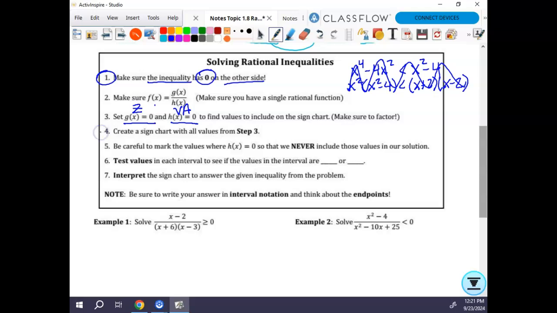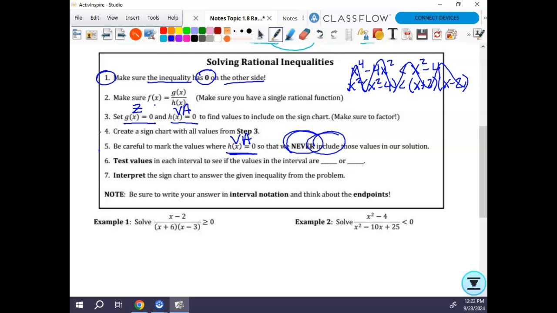Then I create a sign chart, which we've been doing. Be careful to mark the values where h of x equals 0, your vertical asymptotes, that we will never include those in our solution. Because you can't cross a vertical asymptote. You can cross a horizontal one, but not a vertical one. So it has to be an open circle all the time, which means it'll always be parentheses because you're not going to ever hit that asymptote.